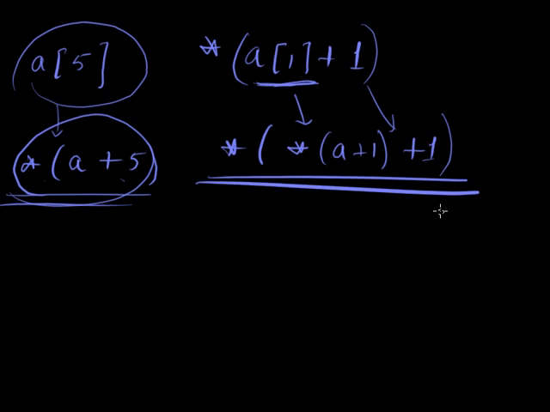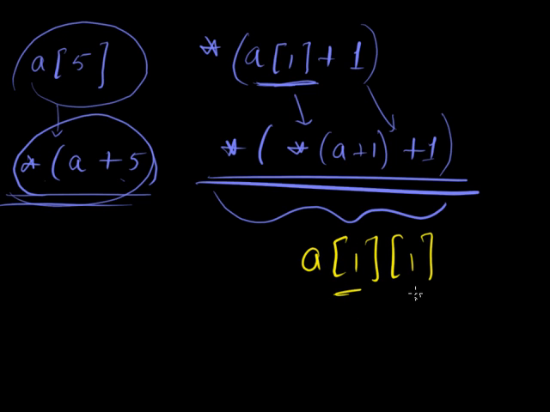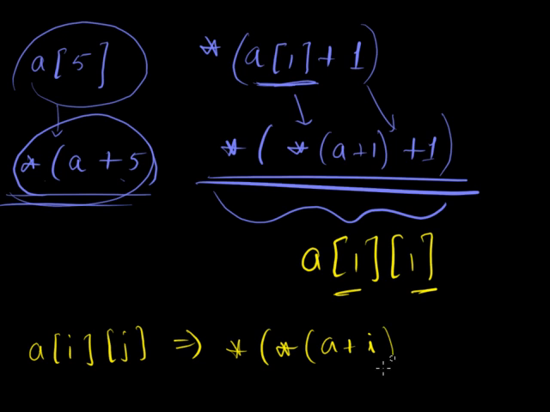So this way you access the element a 1 1. So to speak, a i j will be accessed like this: star of value of a plus the row, then we get to the column. Okay.